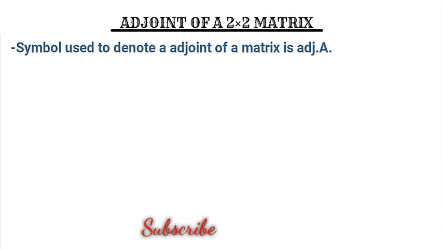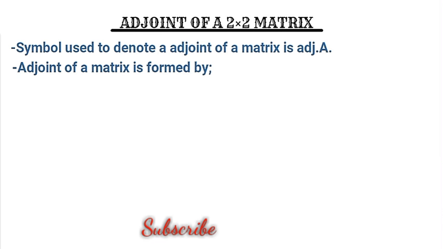ADJ seems like an abbreviation for adjective, but in mathematics this is adjoint. So when you see someone has written ADJ and then the name of the matrix in capital letters, just know that that is the adjoint of that matrix, like in this case matrix A. That is what we write to denote the adjoint of a matrix.